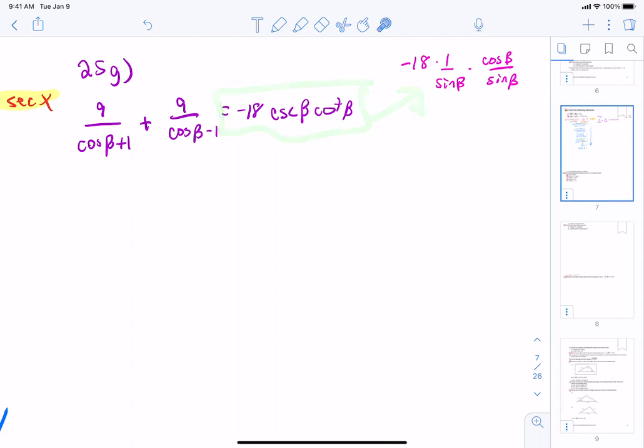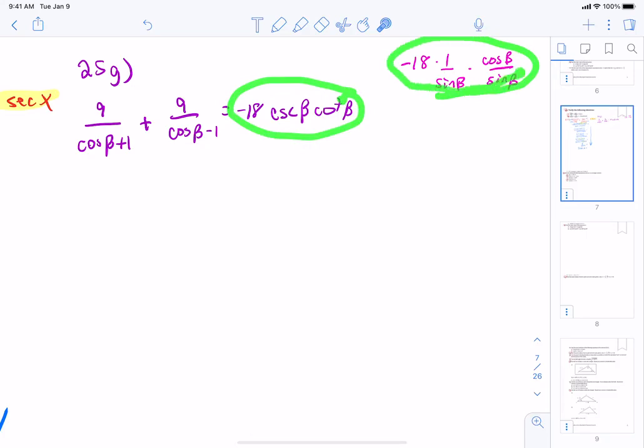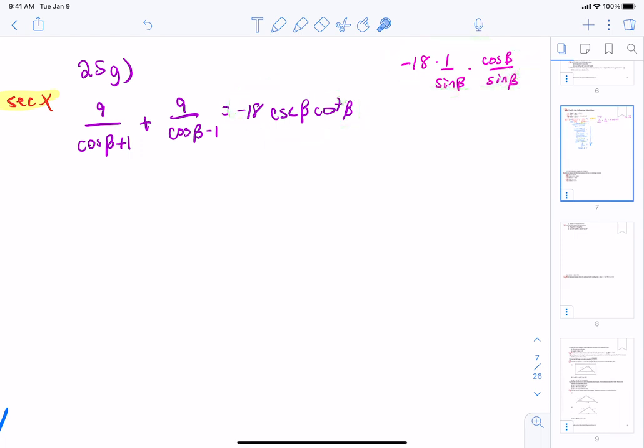Okay? So sometimes when it's a weird, complicated sort of mess of junk, I will write this to the side as a reminder, what is that junk equal to? So it's just a little reminder, hey, that's what I'm looking for. So we really want some signs on the bottom, a cosine on the top, and a negative 18 to show up in the problem. Okay.